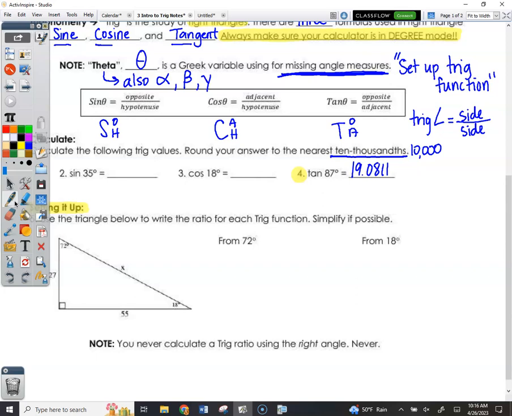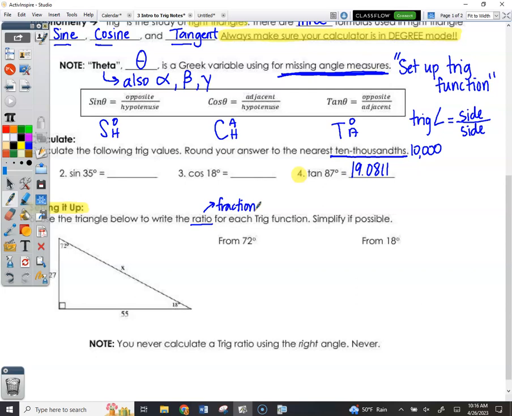Let's refresh your memory on what ratio means. Ratio is a fancy word for fraction. So if I say find the trig ratio, that means I want you to find the fraction that comes from the formula based on the sides.